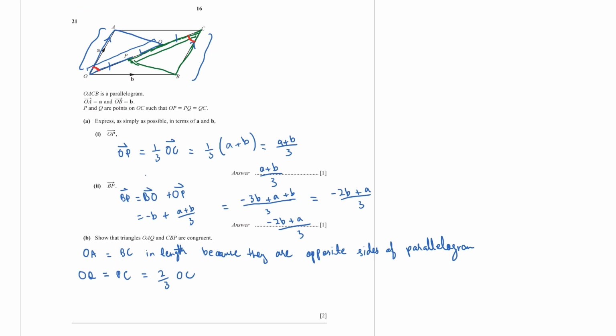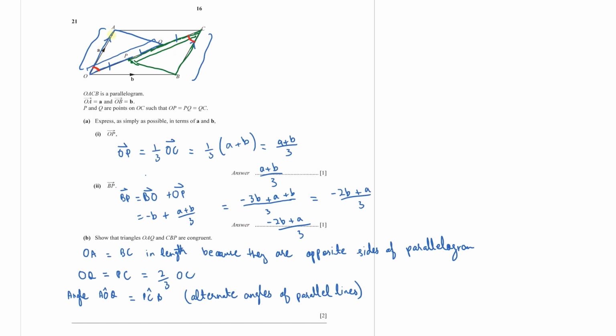So you can say that angle AOQ is equals to angle PCB because alternate angles of parallel lines. How do we know these are parallel lines? Because this is a parallelogram and opposite sides are parallel. So these red angles are equal.